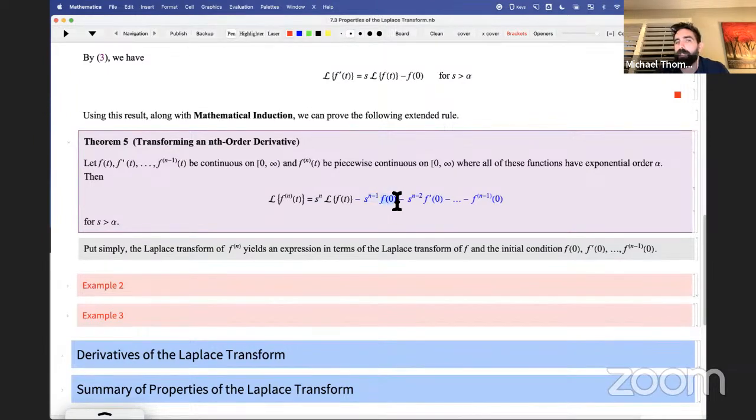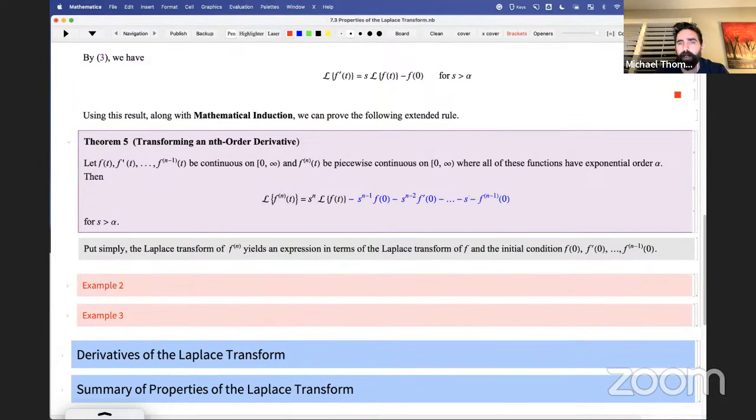So this is f of 0, which is a 0th order derivative, and then f prime would be the next one. Next one would be f double prime, all the way up to the n minus first derivative. And there's no s term on this one. They knock out. In fact, I can write in the next to last one. What would that be?